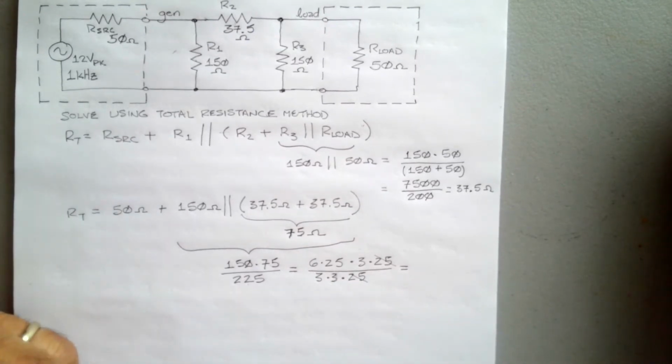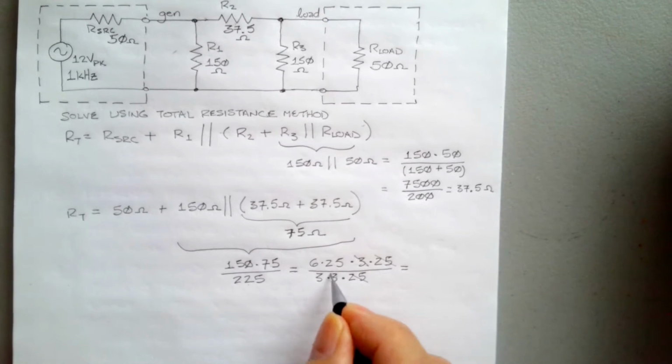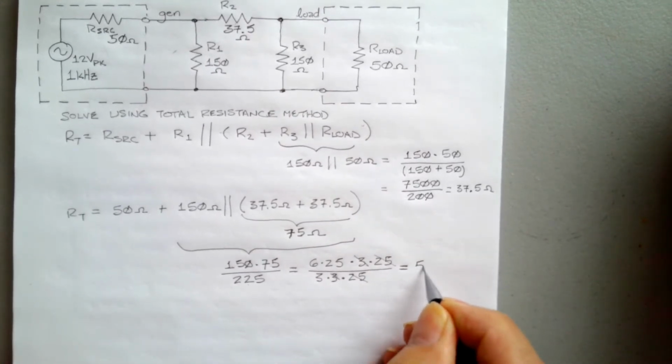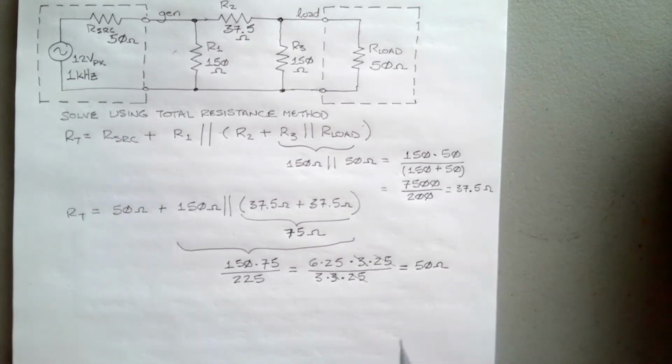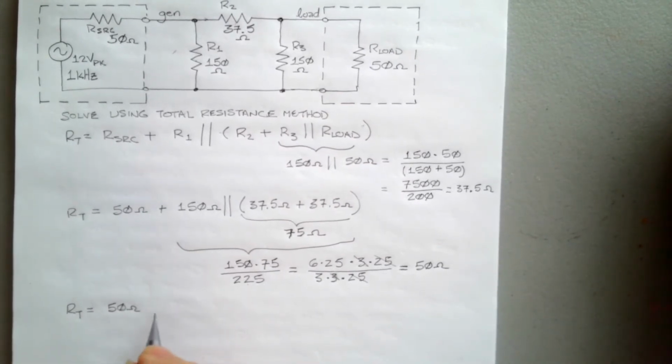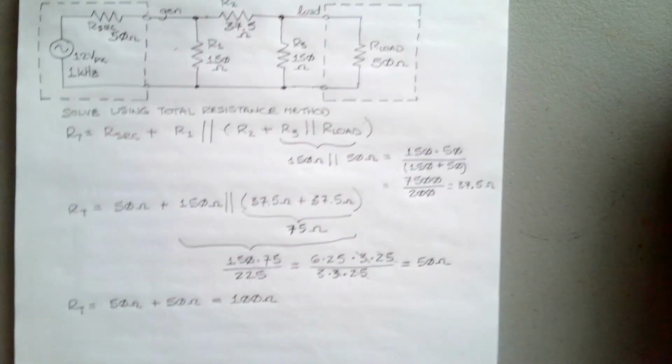We get 6 over 3 times 25, which is 2 times 25, which is 50 ohms. Another great thing you can do is just use your calculator and ignore all that junk. So now our total is equal to 50 ohms plus 50 ohms equals 100 ohms.